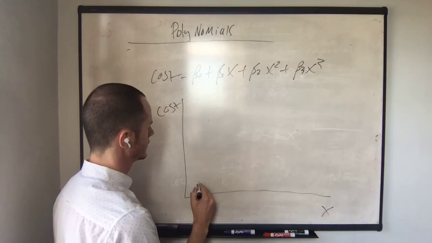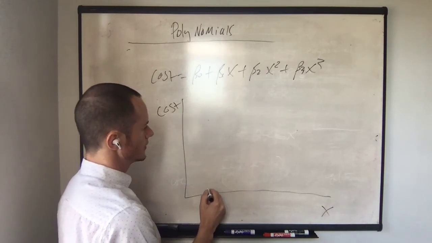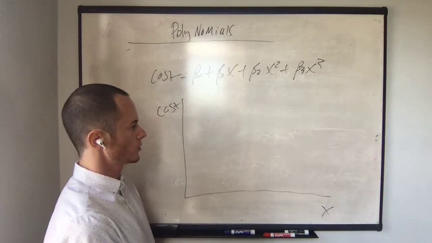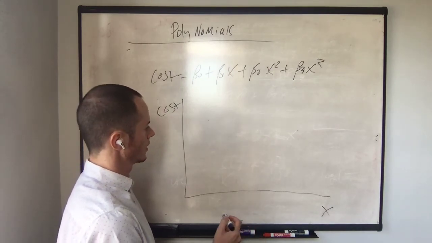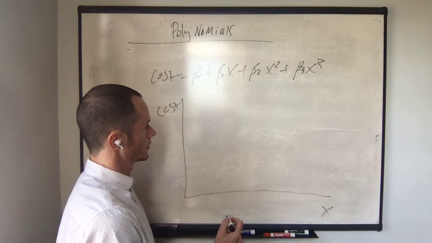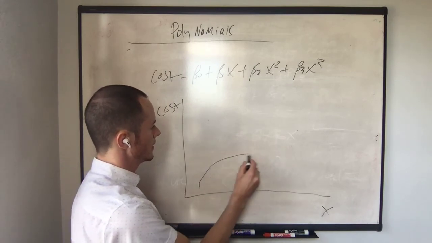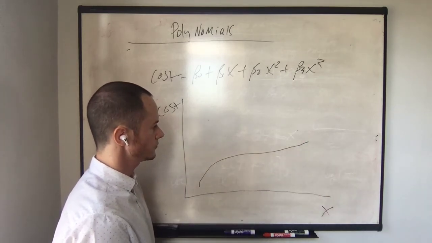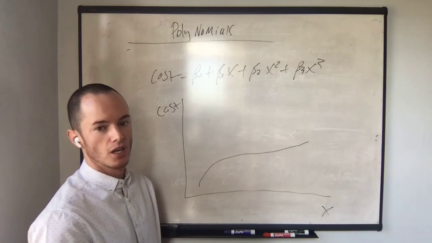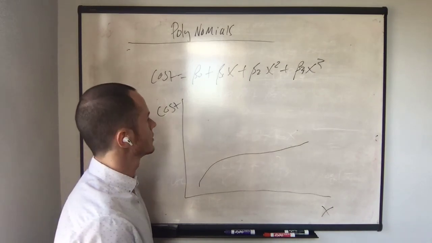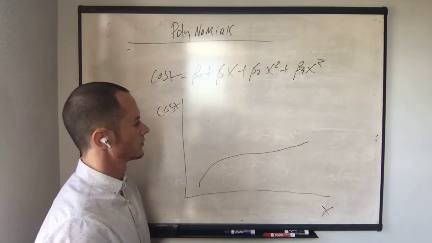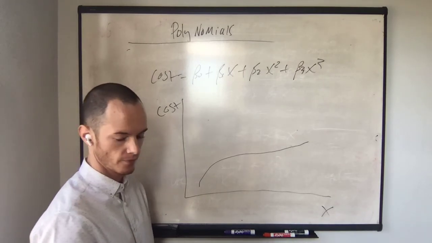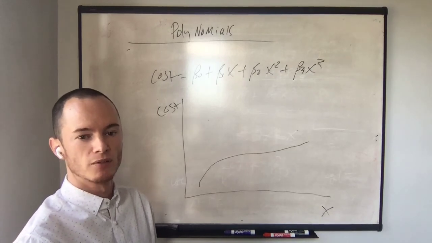And what you might see, if it's a polynomial of order 3, you might see something like this. This may be potentially an exaggerated version of the polynomial of order 3.